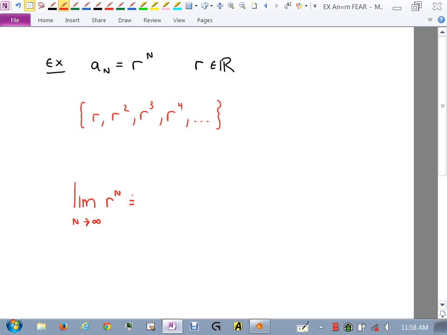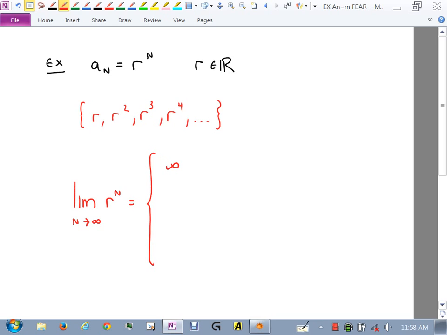So what if r is bigger than 1? If r is bigger than 1, it's going to become infinite, isn't it? What if r is less than 1 but bigger than 0? It should approach 0, right? So what I'm going to do is give you what we would consider to be a piecewise definition here.